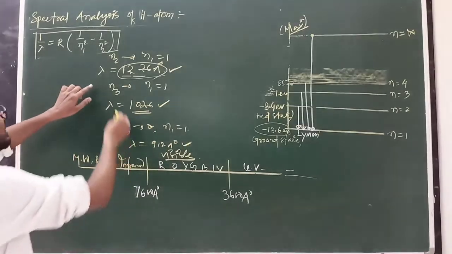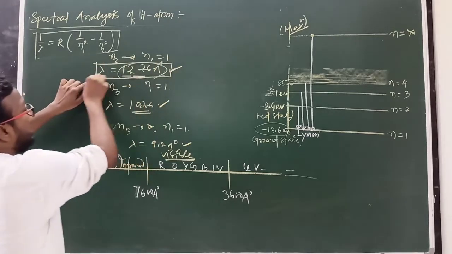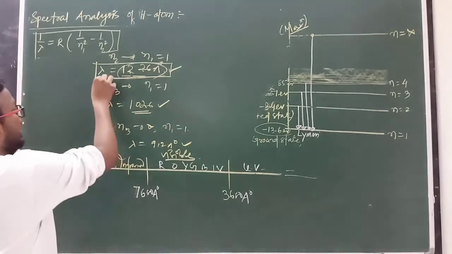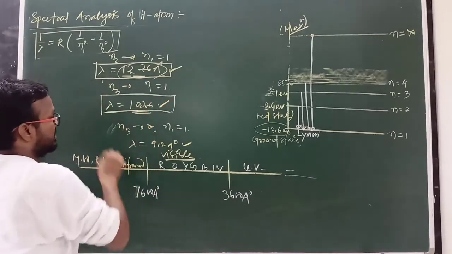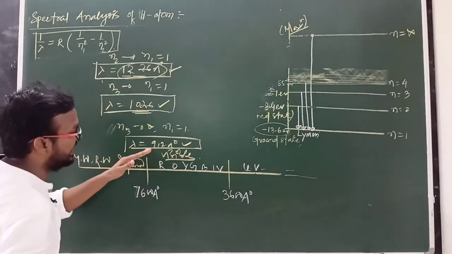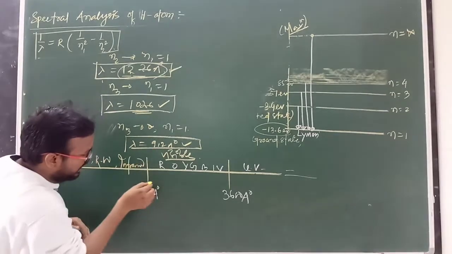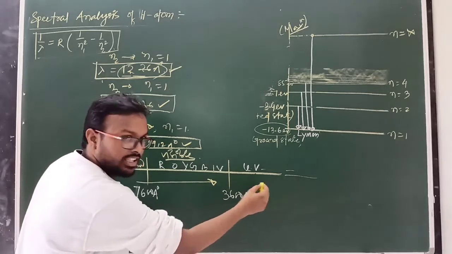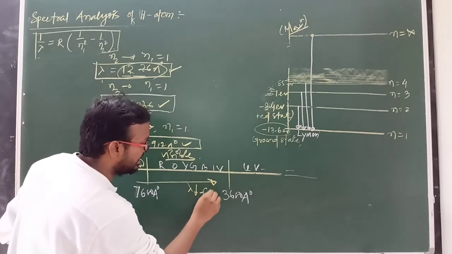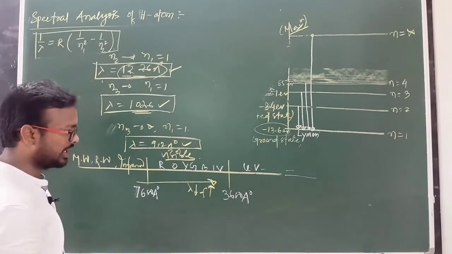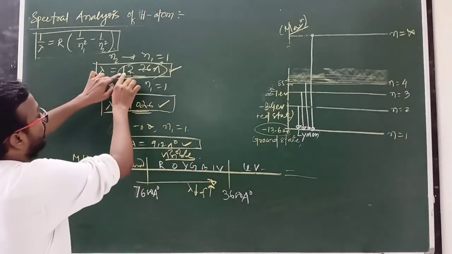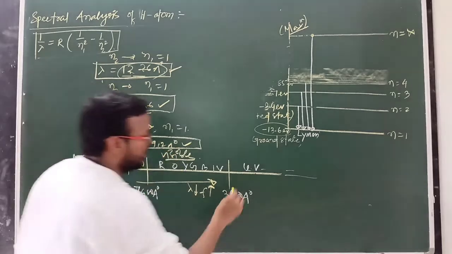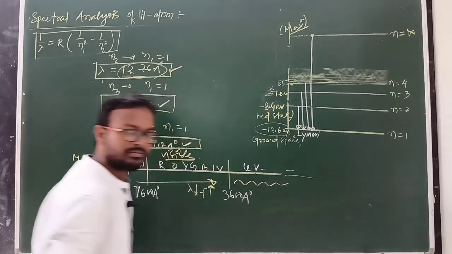Okay, but this wavelength, while an electron jumps from a higher energy orbit to the ground state, lies in this direction, then wavelength decreases, here lambda decreases, but frequency increases. Clear?